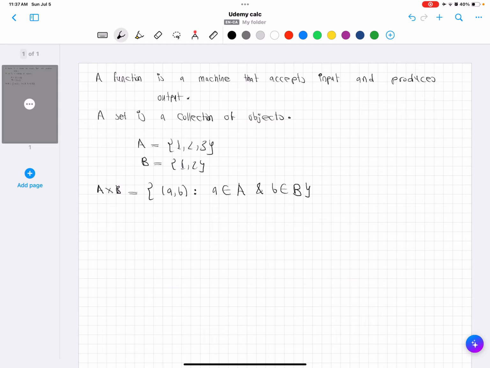Given this information, we can define the notion of a function. Let's say we have a function f from A to B. Then a function is a subset, and I'm going to denote it by this symbol here. A function is a subset of A cross B, a special subset. What is that subset?